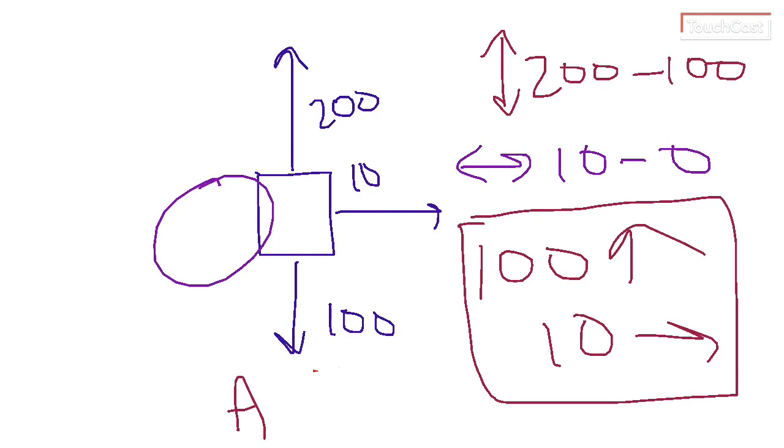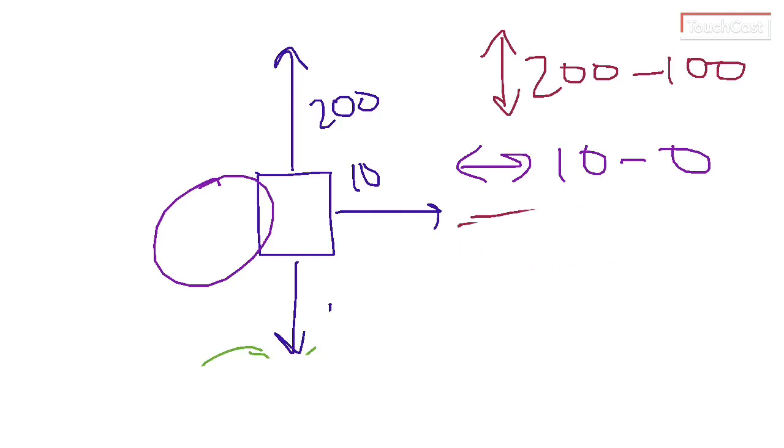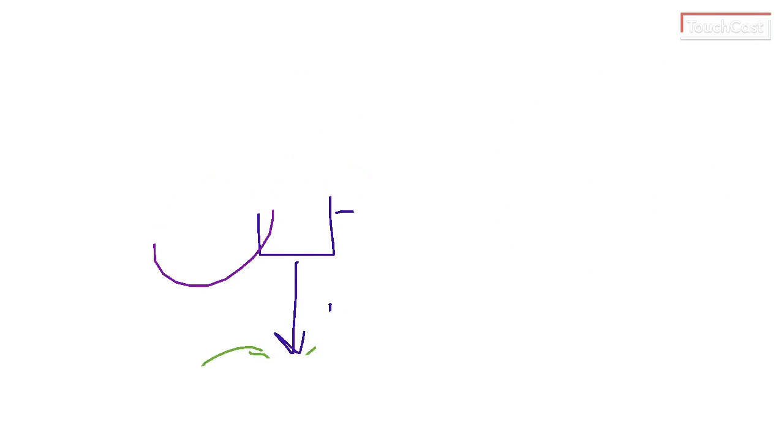Eventually, I'm going to have you reapply our a squared plus b squared equals c squared, but we will talk about that in class. Essentially, keep in mind that the up and down is one of these, while the left and right is the other one, and you could solve for the actual net force. The reason this is important is because with net force we can solve for mass and for acceleration.